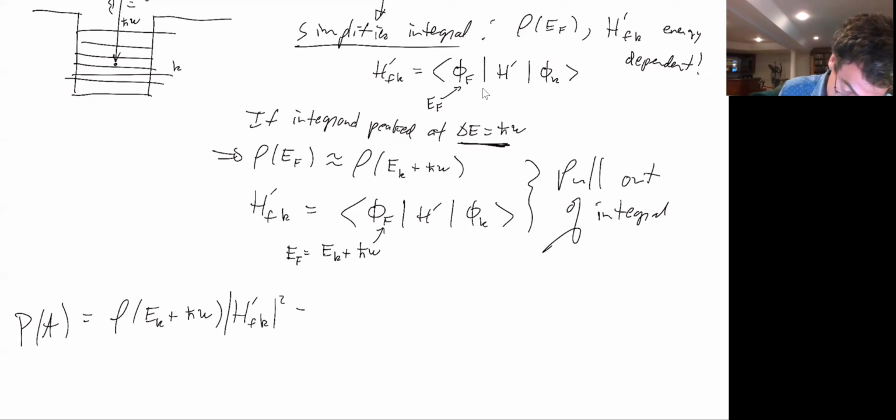Then I have my integral over all possible final states. But this part is still complicated. I still need to keep all the details inside the integral, this sine function. I haven't simplified this yet, but I will.